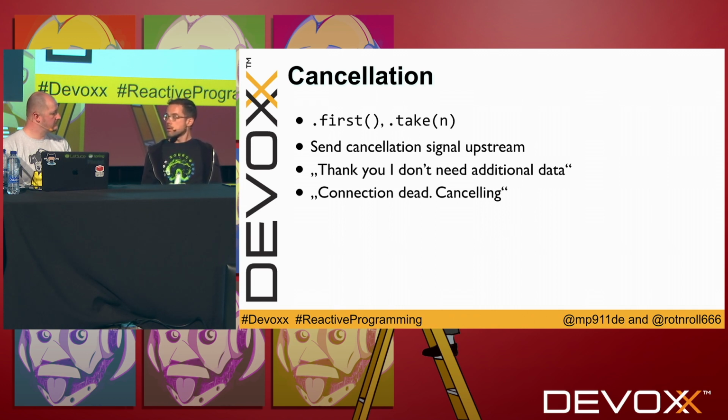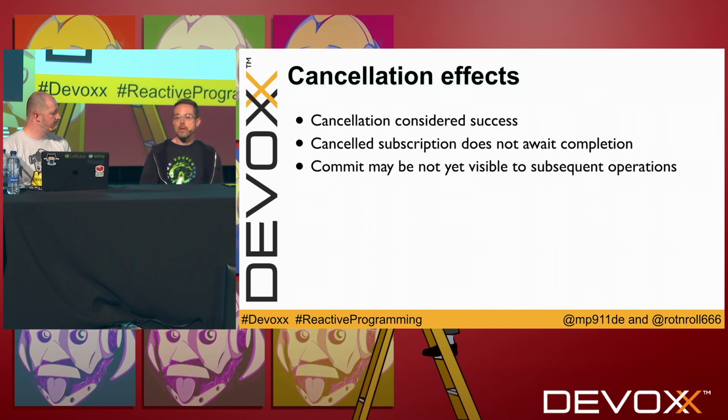We decided that on a take n and on the cancellation, that we treat it actually as a commit, as a success. So transactions will be committed on a cancel. So it is not seen as a failure. Cancellation is considered as a success, but a cancel subscription does not await completion.